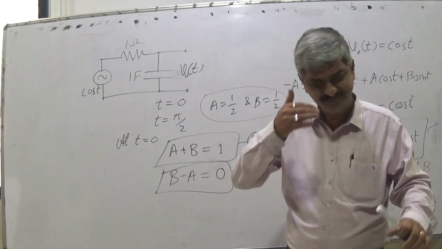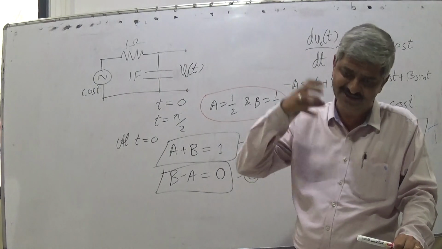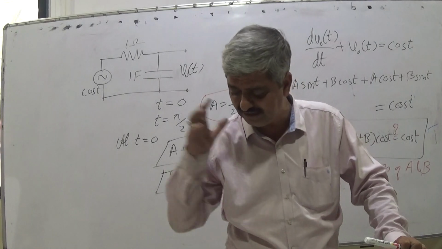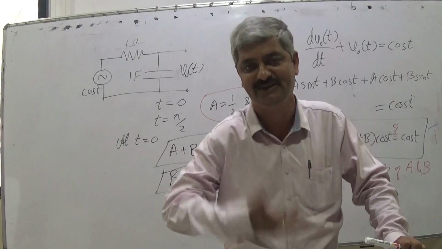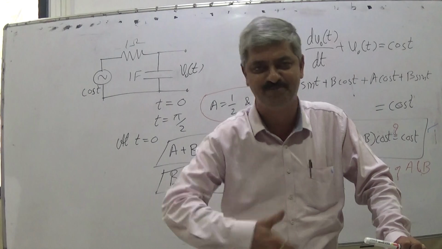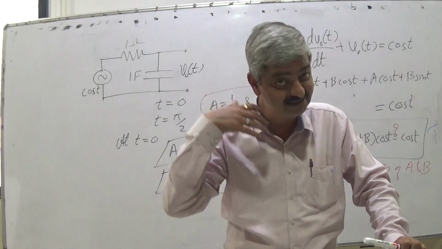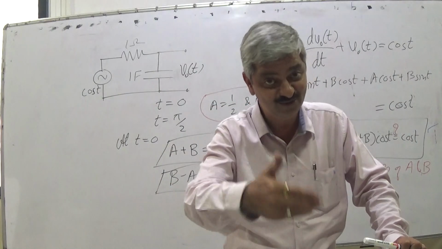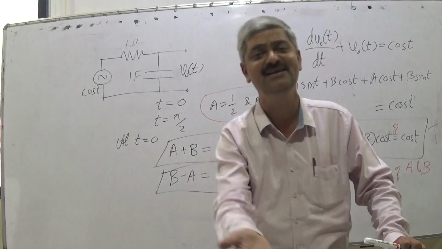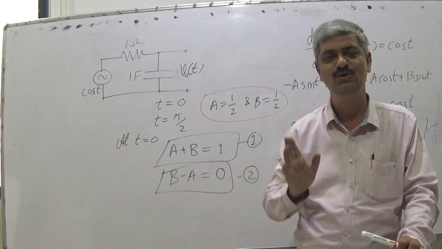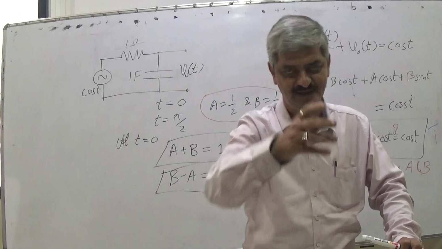In this circuit theory, you should be expert in dealing with differential equations. This is first order. We will be moving to multiple orders, and I will try my level best to ensure that you get a good feel.